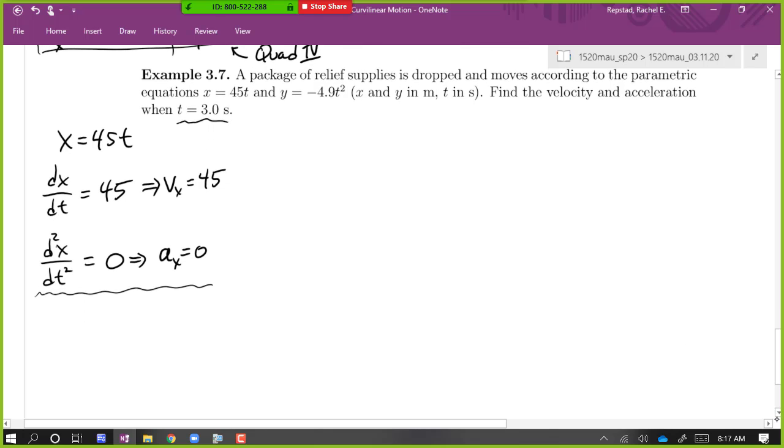Let's do the same thing with the y function. So y is negative 4.9 t squared. dy dt, just using the power rule here, 2 times 4.9 is 9.8, so we get a negative 9.8 t.